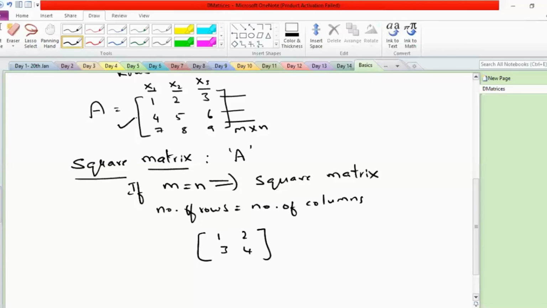This one is a square matrix too. So your number of rows and number of columns are equal. That's when you call the matrix a square matrix. Fair enough?